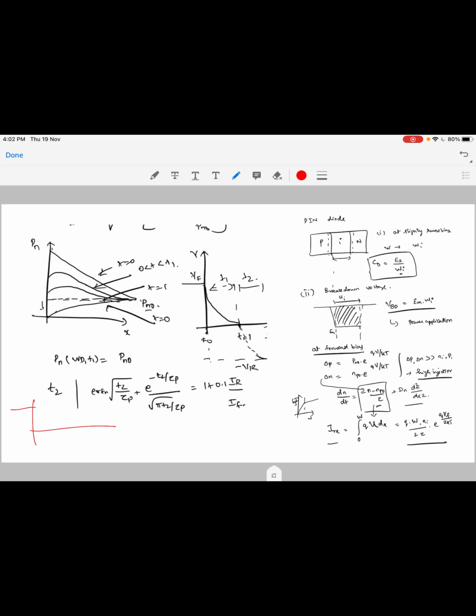So this is IF. If you switch the voltage at time t equal to 0, it will sustain a constant minus IR equal to IF for some time t1, and then exponentially die down over t2. These are the two time scales that we saw, and then you have an expression for each of these.